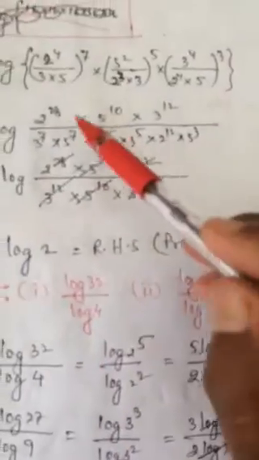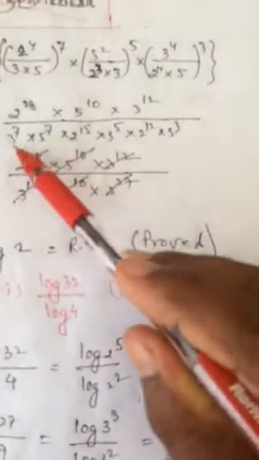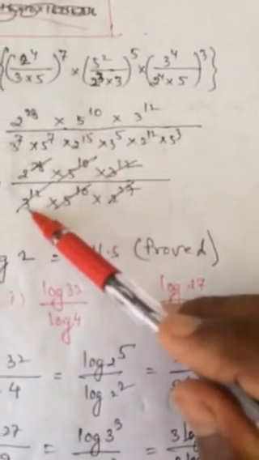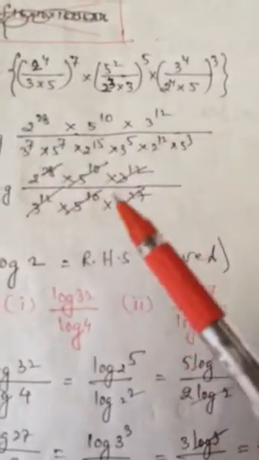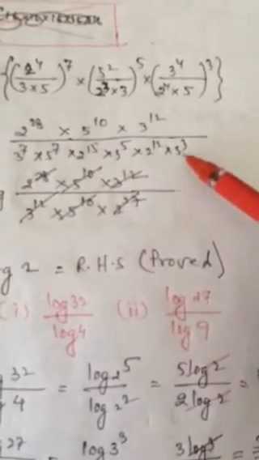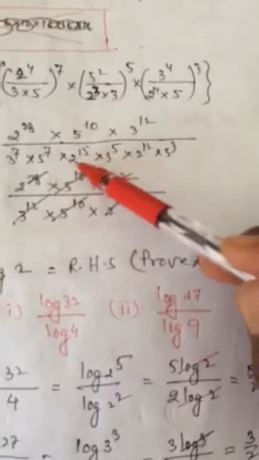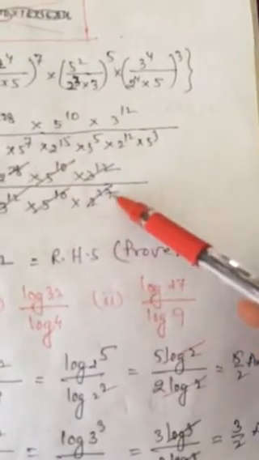After that, up I have written the same; down, 3 to the power 7 here and 3 to the power 5 here, so it is 3 to the power 12, because in multiplication powers are added. In indices we have learned this. 5 to the power 7 here, 5 to the power 3 here, so 5 to the power 10. 2 to the power 15 here, 2 to the power 12 here, so it is 2 to the power 27.